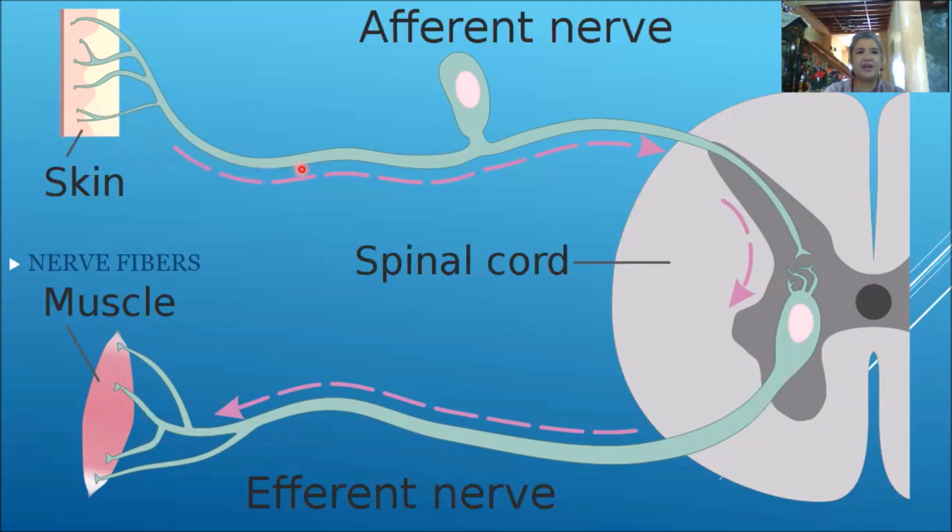Impulses will travel through your afferent nerve towards your spinal cord, and it will go to the dorsal column of the spinal cord, wherein it will be met by a central neuron or your interneuron, so that it will give its impulses to the efferent neuron, and it will carry to the efferent nerve to go to the effector or the muscles.